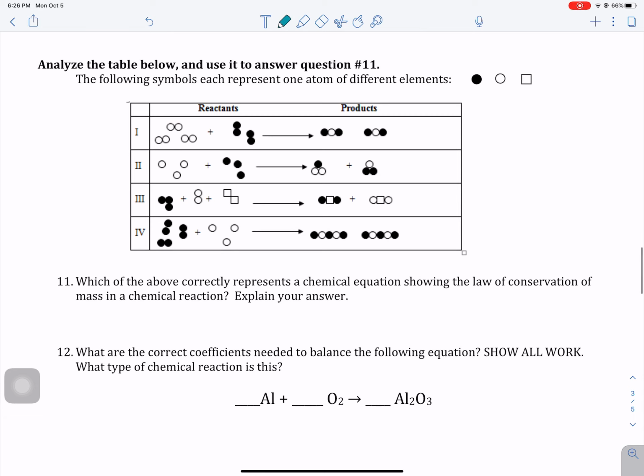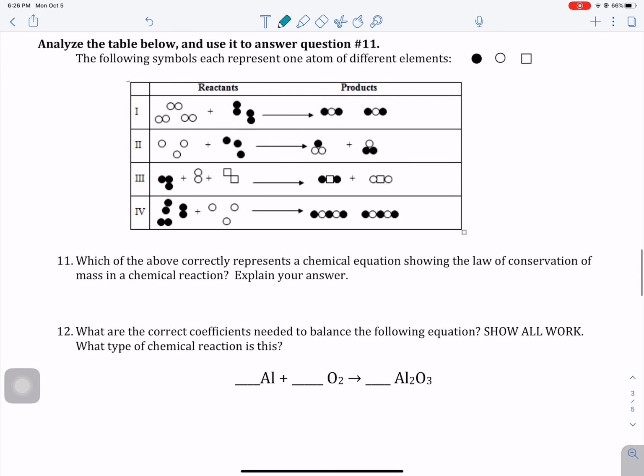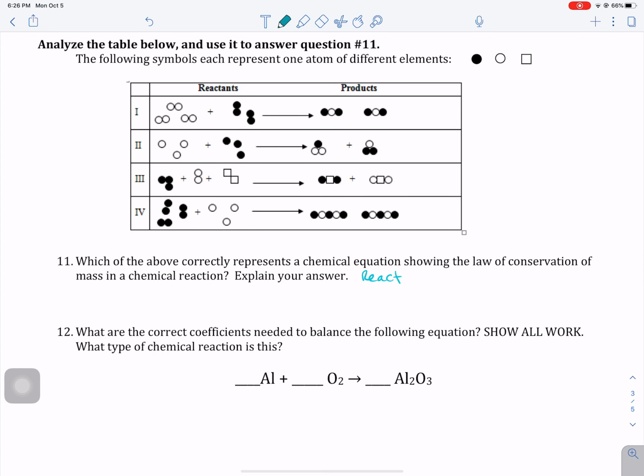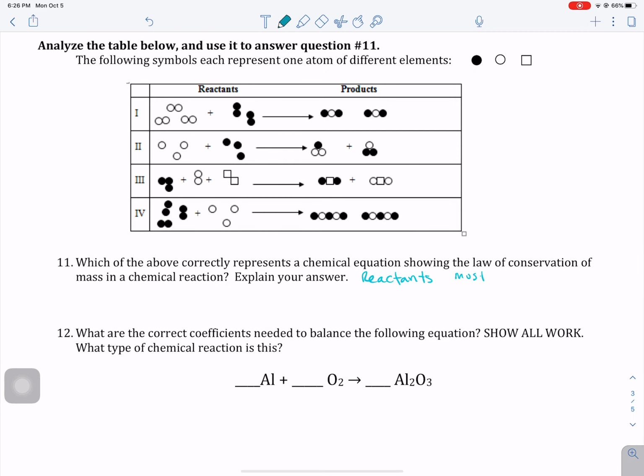By the way, you'll see this type on your test, so make sure you pay attention. Which of the above correctly represents a chemical reaction showing the law of conservation of mass in a chemical reaction? Hey, remember, reactants must equal products, and vice versa.